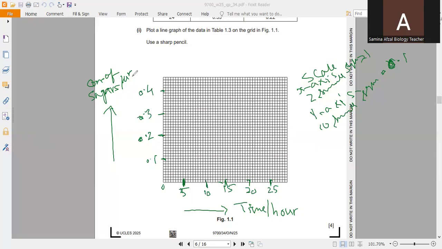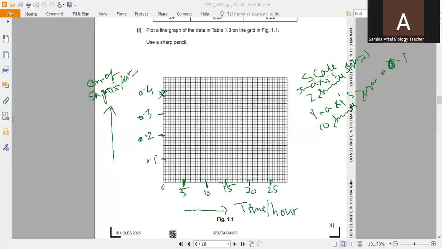The first value, at 0, is 0.38. So it will be over here. We will make a small cross. It is not a small cross because I'm reminding you again and again that I'm working on my laptop.